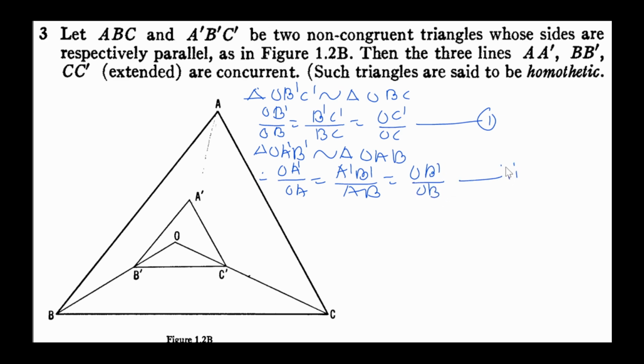This is equation number 2. So from 1 and 2, A dash B dash upon AB is equal to B dash C dash upon BC is equal to OB dash upon OB.